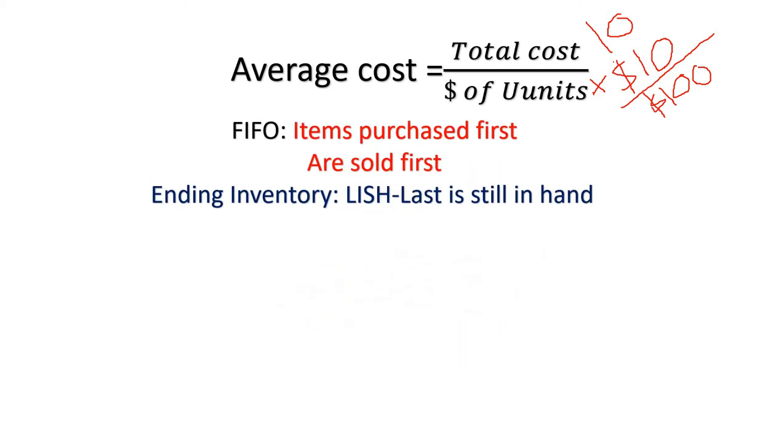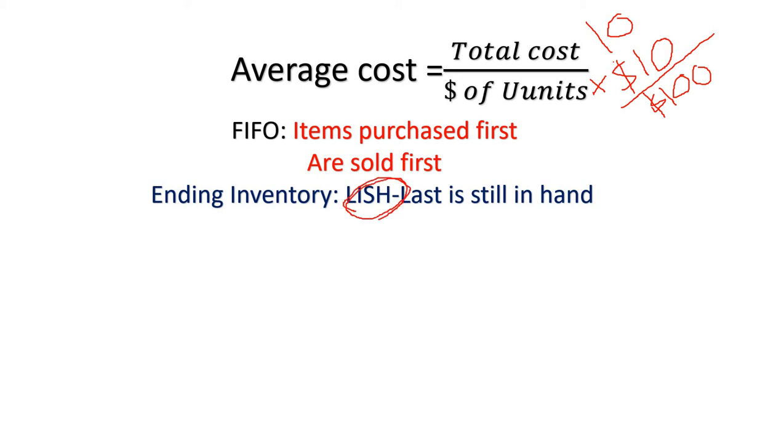But in case of first in, first out, FIFO, items purchased first are sold first. So the cost of ending inventory would be LISH, meaning last is still in hand. Just keep this in mind so you can easily remember that the last one is still in hand.